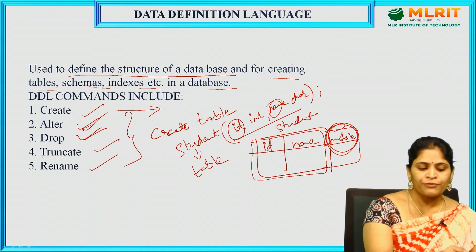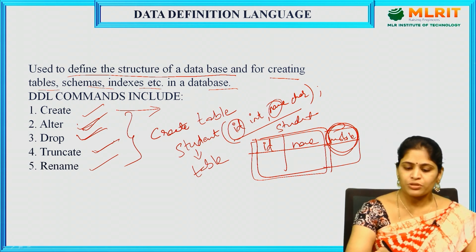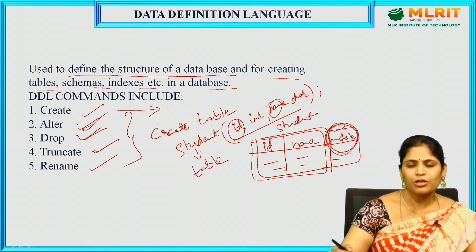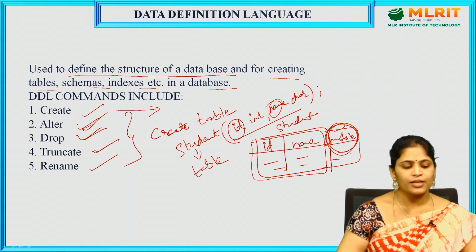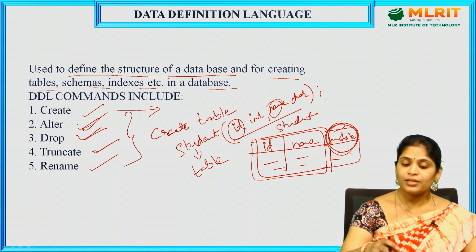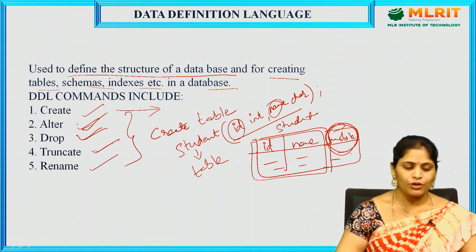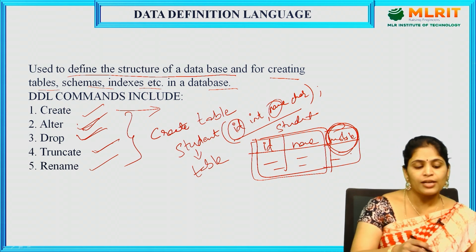Next, the fourth one is truncate. This is the command which is used to remove all the rows at a time without specifying any condition. Truncate removes all the rows in a table, but the structure of the table remains the same. The structure of the table will not be deleted. And the last one is rename.